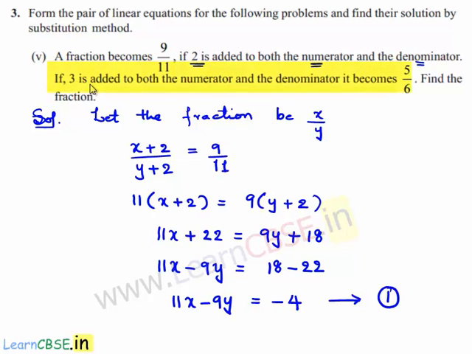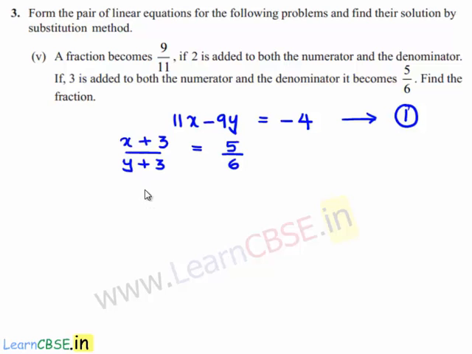And we have the second case, when 3 is added to the numerator and the denominator, it becomes 5 by 6. So this becomes x plus 3 by y plus 3 is equal to 5 by 6. On cross multiplication, we get 6 times of x plus 3 is equal to 5 times of y plus 3. So this implies 6 multiplied by x is 6x and 6 multiplied by 3 is 18.